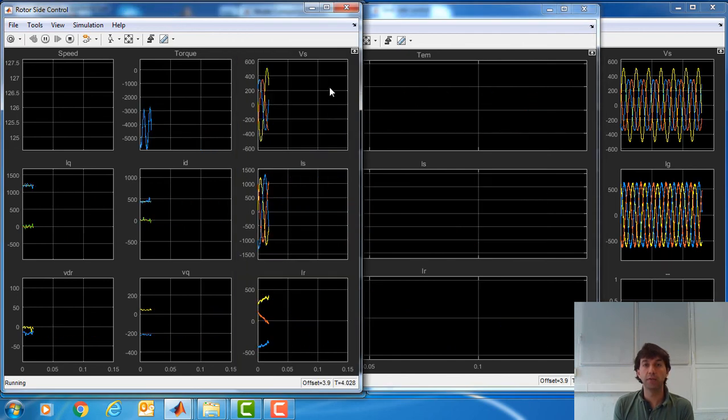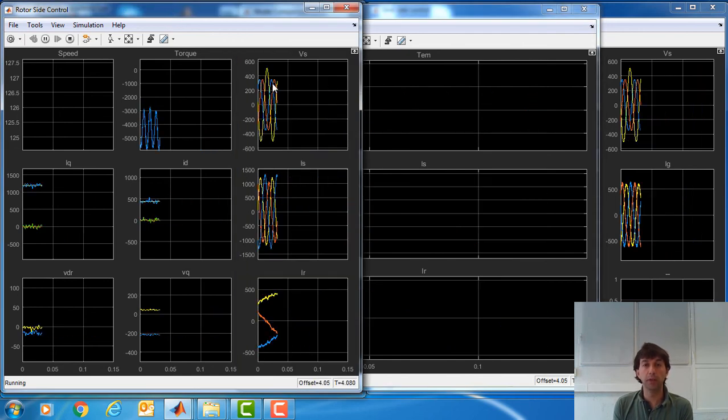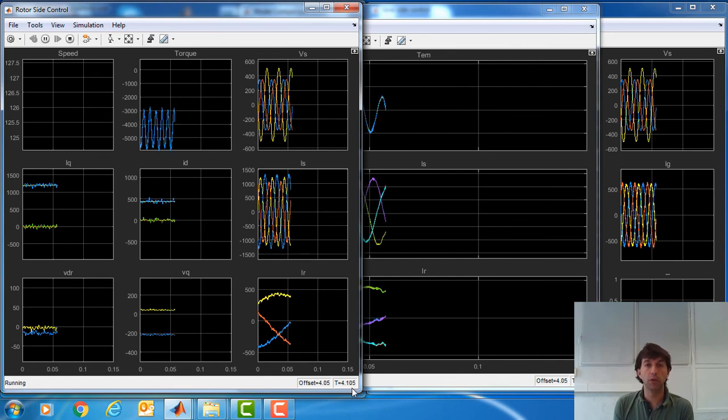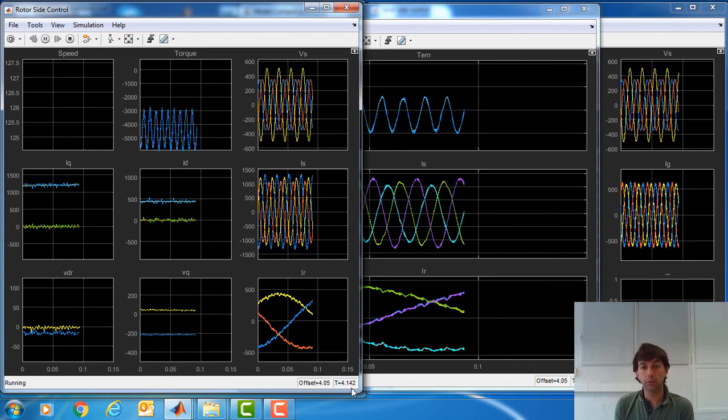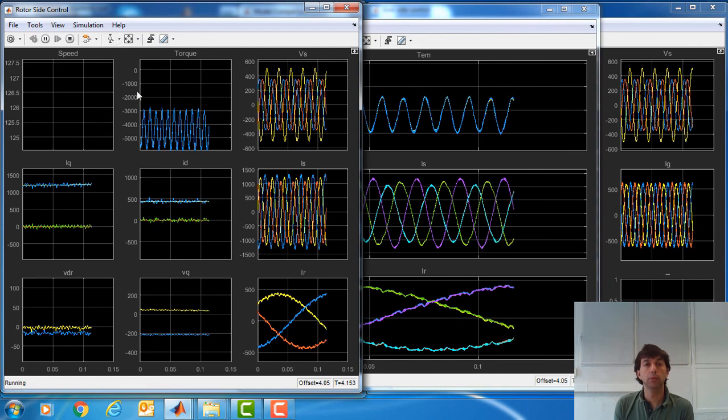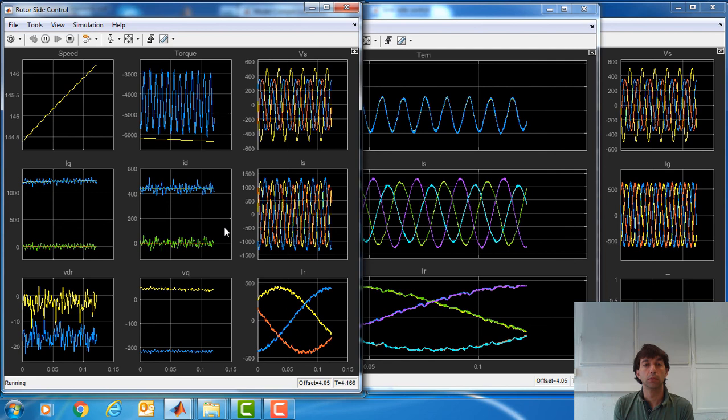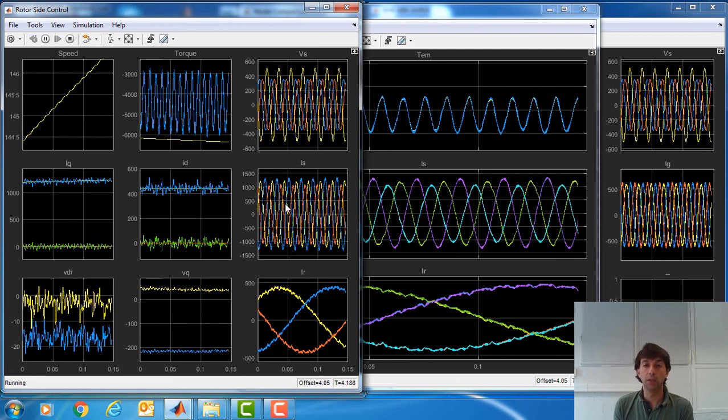Now we will have the voltage recovery, if I'm not wrong, at second 4.2. Let's be patient.